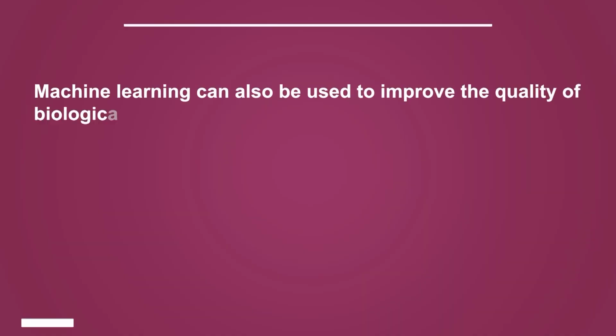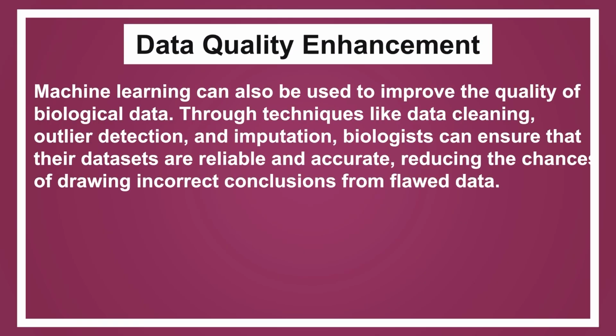Machine learning can also be used to improve the quality of biological data through techniques like data cleaning, outlier detection, and imputation. Biologists can ensure their data sets are reliable and accurate, reducing the chances of drawing incorrect conclusions from flawed data.